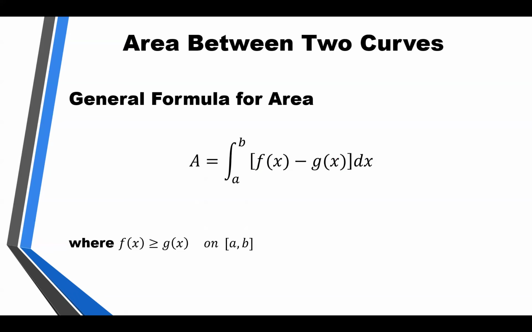If I want to find the area between f and g, all I have to do is integrate f minus g between x values of a and b. Now, this is going to give me the area whenever f is greater than or equal to g, so f is above g on that interval.